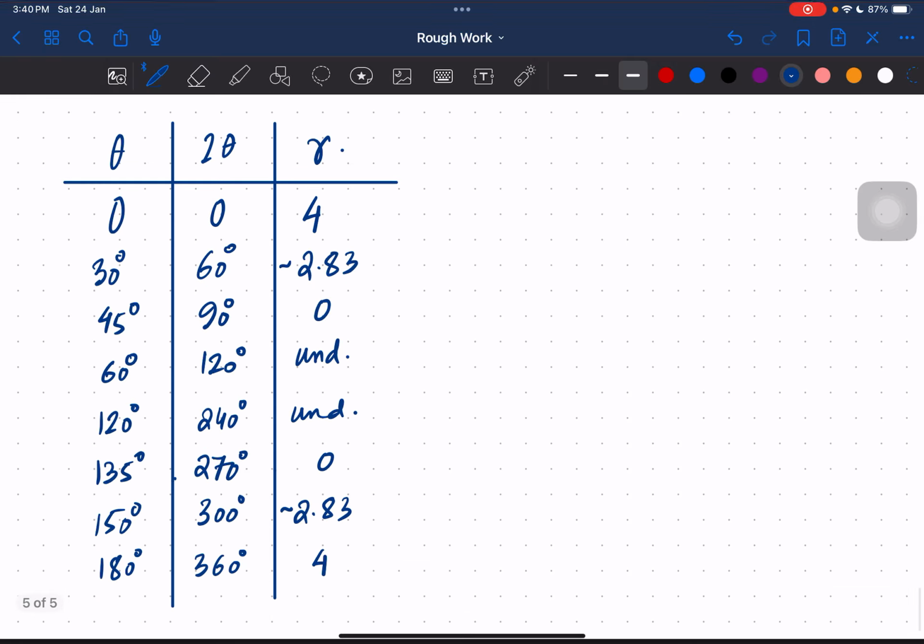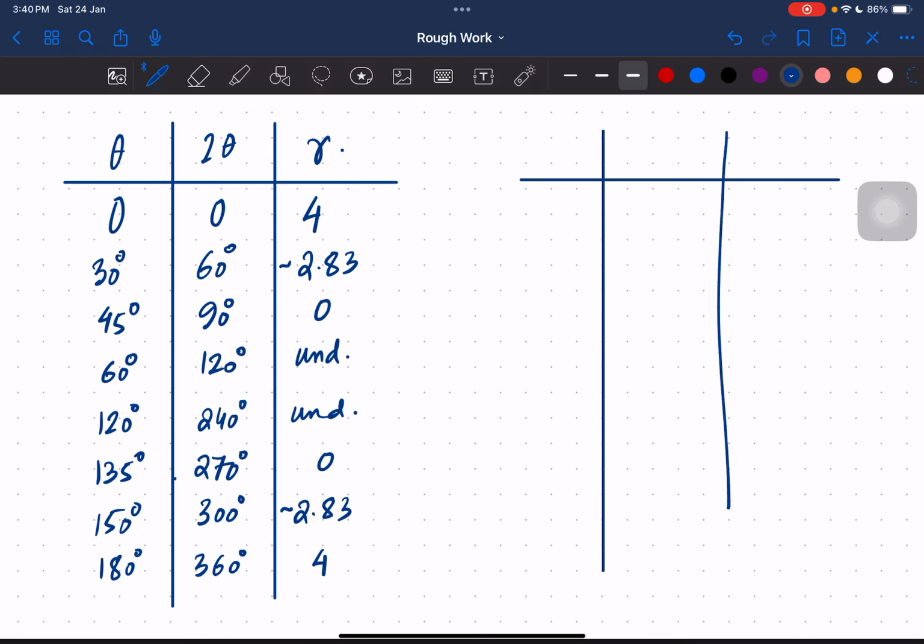Let us see the values bigger than 180 and up to 360. That will help us get the full picture. Theta, 2 theta, and r. So next is 210. 2 theta is 420.